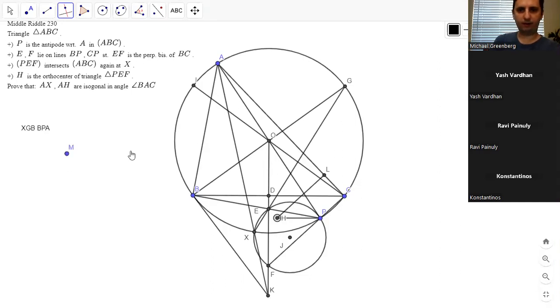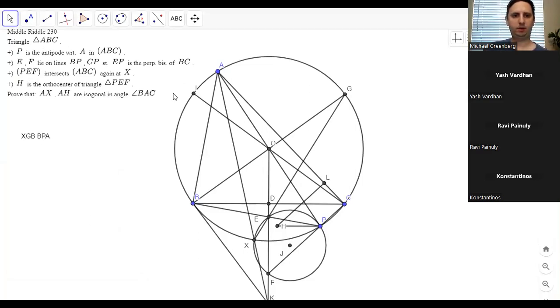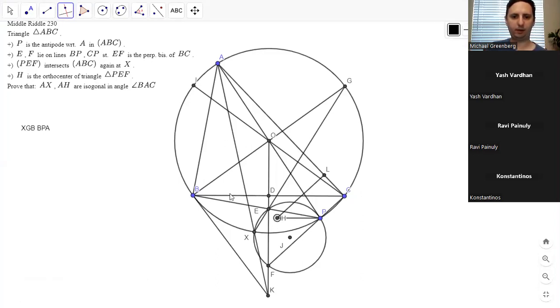All right, so X is the center of the spiral similarity because it's the intersection of the two circles. Now, if I drop a perpendicular from H to AB, let's see.